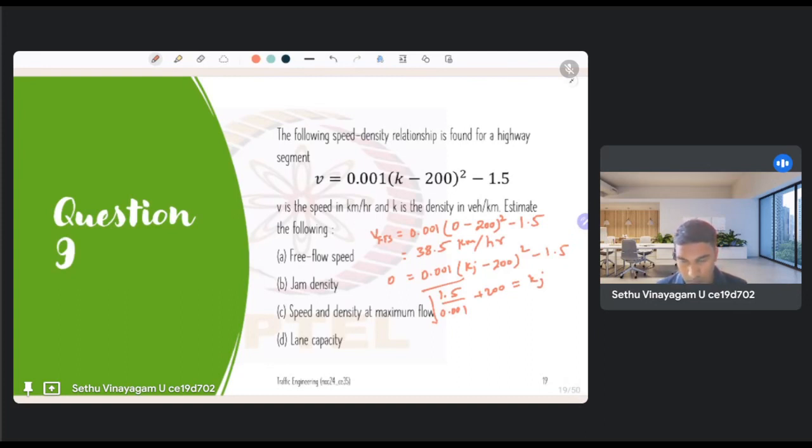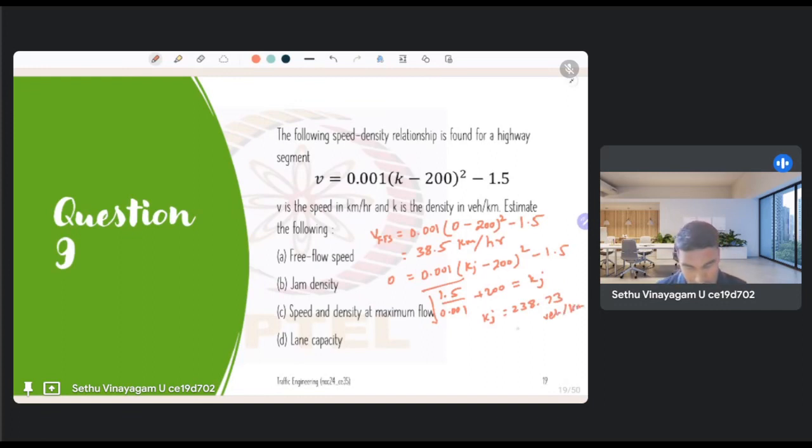So square root of 1.5 by 0.001. So that is about 238.73 vehicles per kilometer.